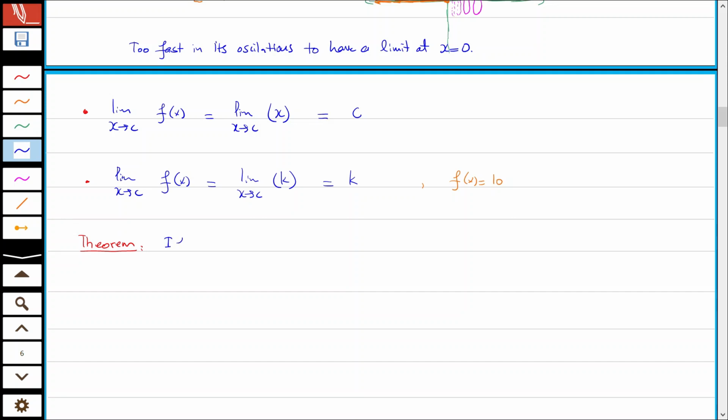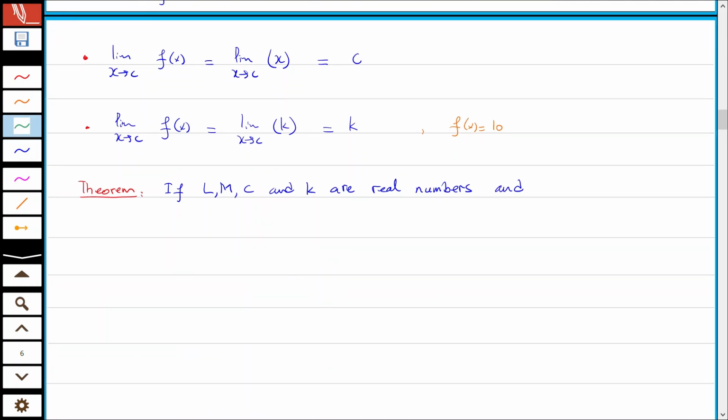If L, M, C, and K are real numbers, and I'm going to assume that the limit as x approaches c of the function f of x equals L. I have a function f.